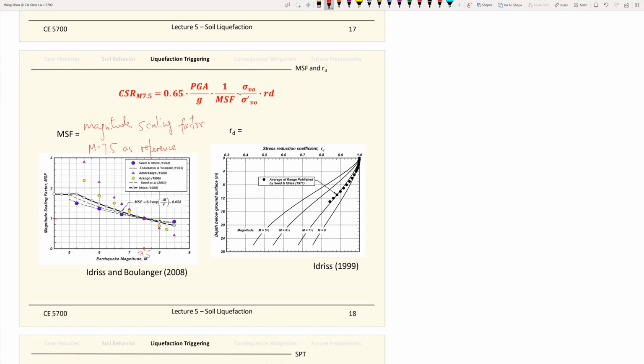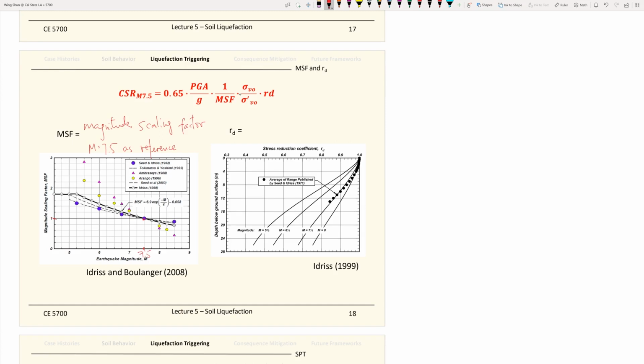What they try to do here is when you have an earthquake event greater than 7.5, you get a magnitude scaling factor less than 1, and the reciprocal of it will increase the loading, the CSR, cyclic stress ratio. But if you have an earthquake magnitude less than 7.5, they will try to penalize your earthquake loading. So 7.5 is the reference point.